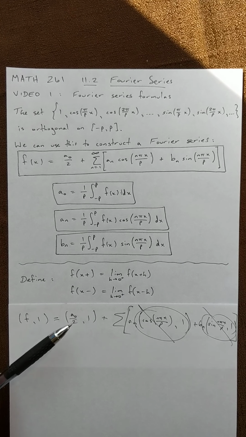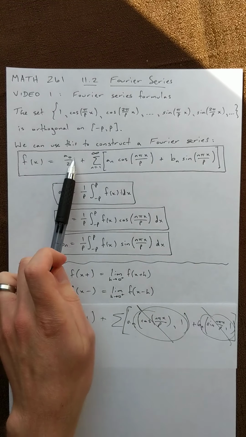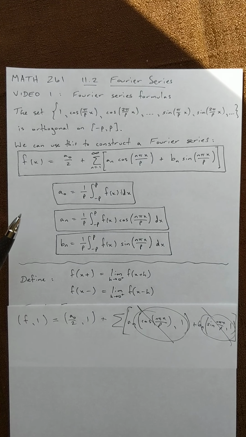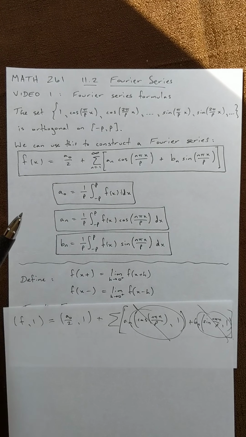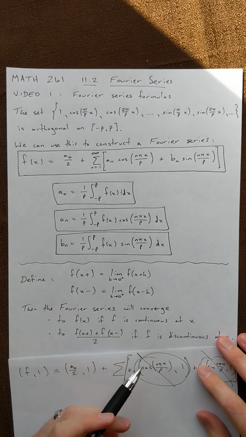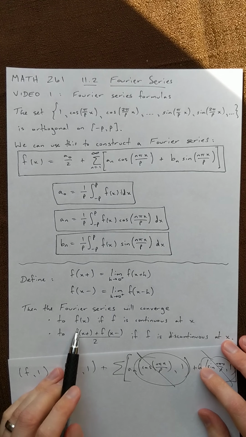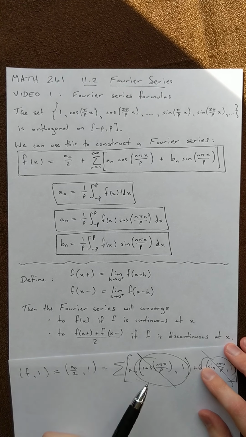The reason we need this is it turns out that the function f of x and the answer we get from the Fourier series aren't necessarily going to be the same. The problem is that the series may or may not converge to f. What's going to happen is the Fourier series should converge, but it's going to converge to f of x if f is continuous, and it's going to converge to something different if f is not continuous.